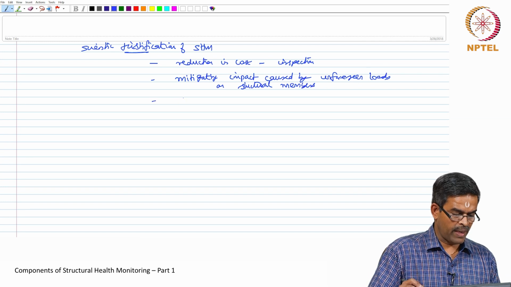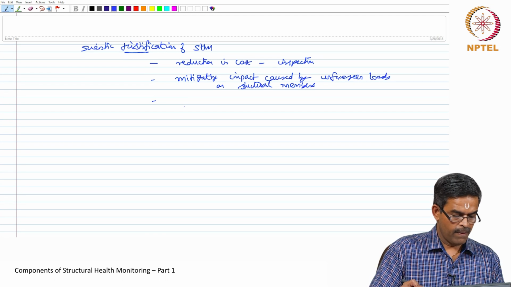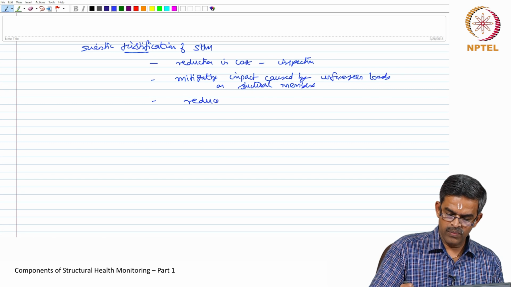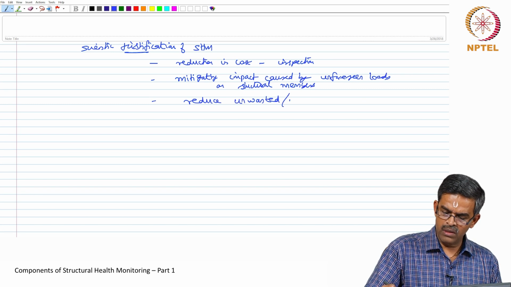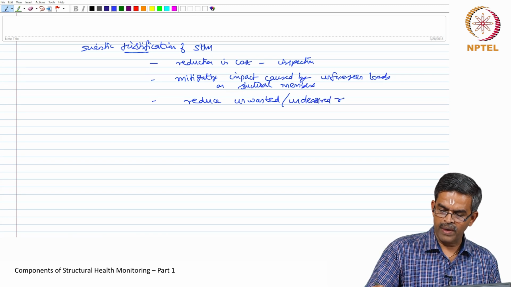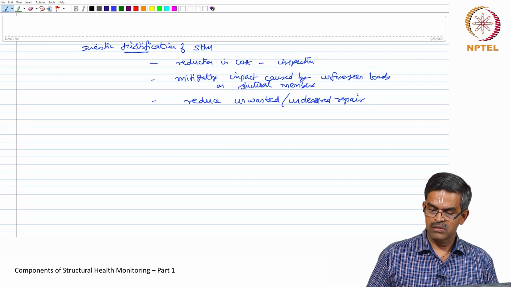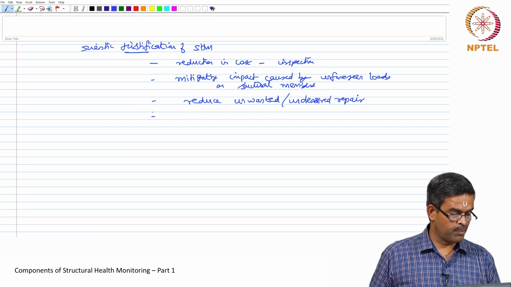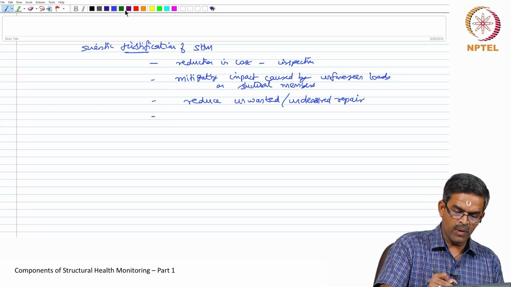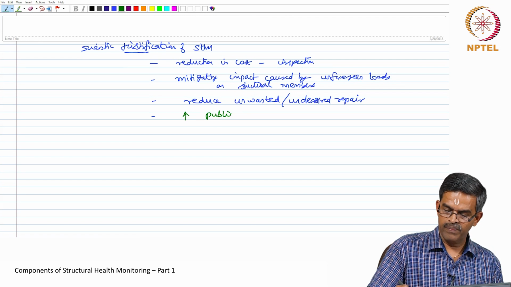It also has the capacity to reduce unwanted and undesired repairs which may arise from continuous and systematic repair or maintenance processes, and overall it can enhance public safety.